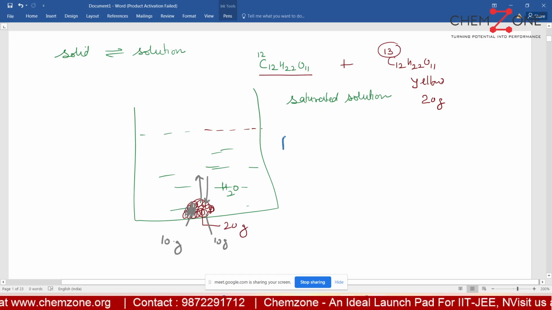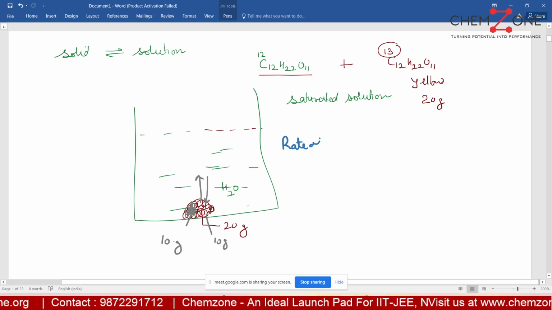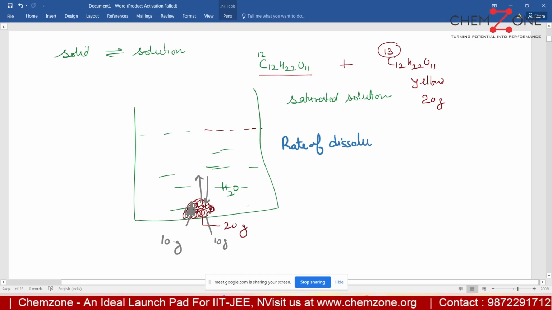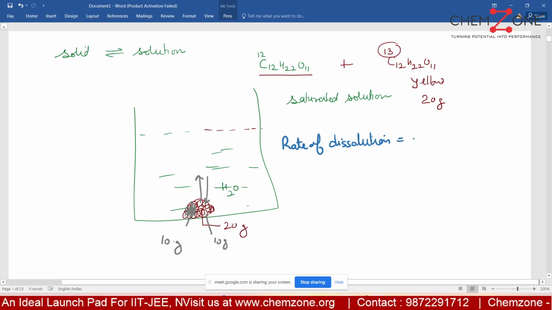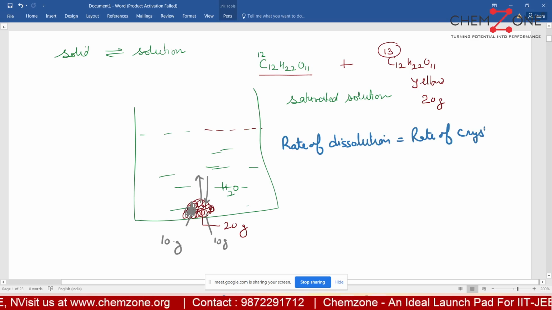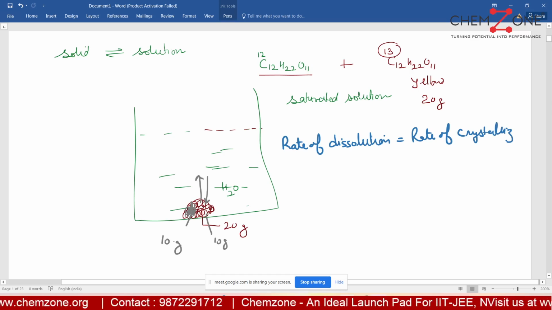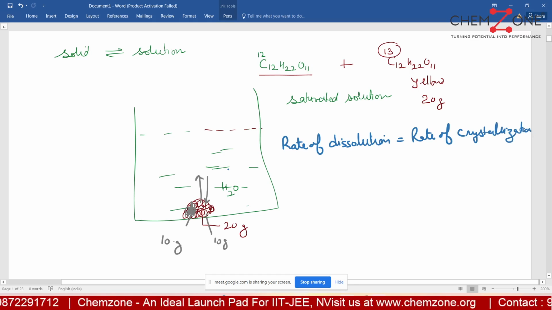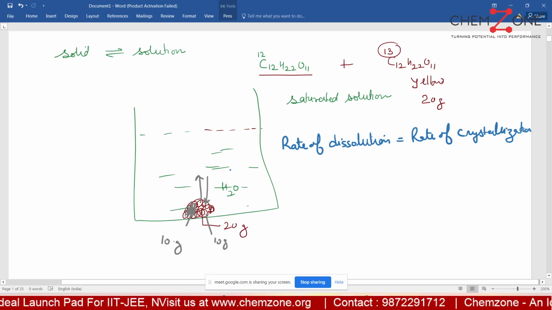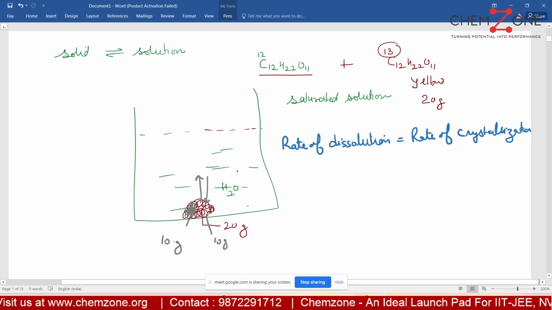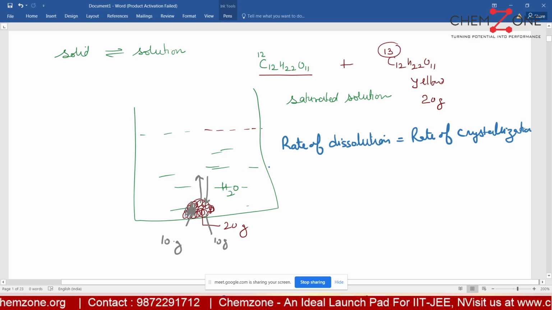So we can say here rate of dissolution is equal to rate of crystallization. Getting me? This is an example of a physical equilibrium, right?